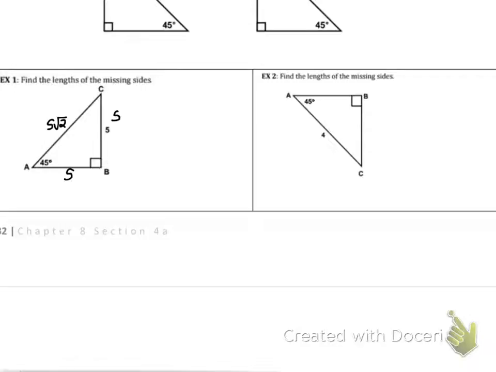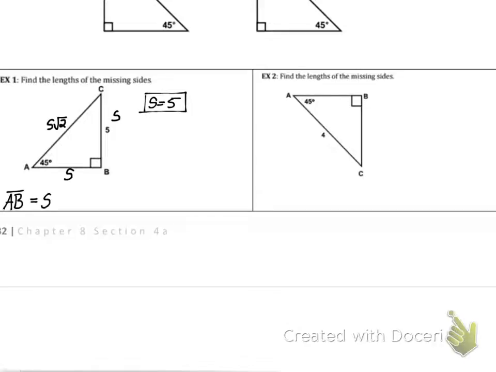Now I labeled this side S, so this whole length is S, so S must equal 5.